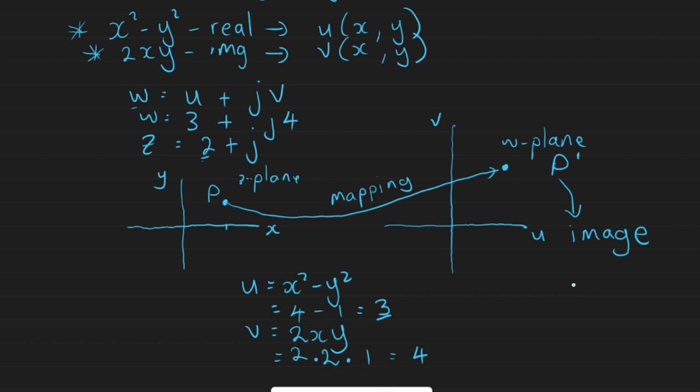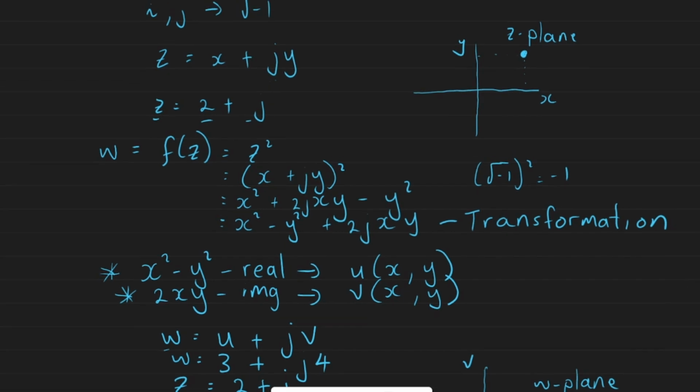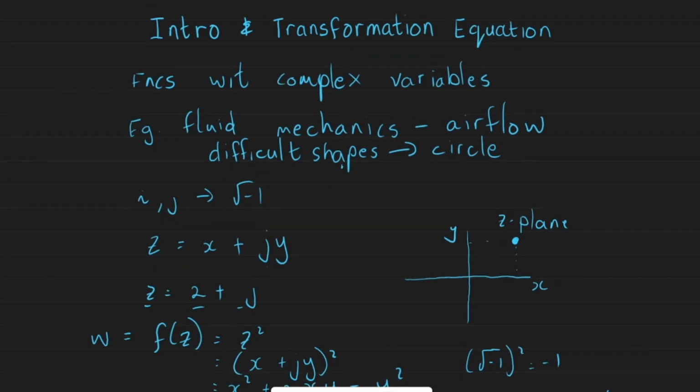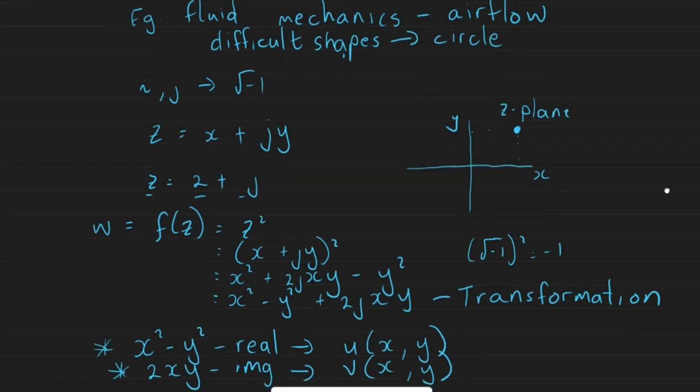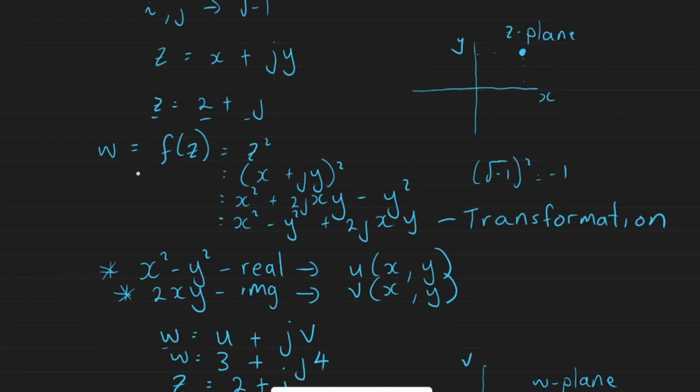So just to summarize once more everything that we have just done, we are now talking about functions with complex variables. We would associate a complex variable z to have a real part and an imaginary part, and we now transform this z variable into a function of z. So we call that w. w is a function of z, and we use the example of z squared.